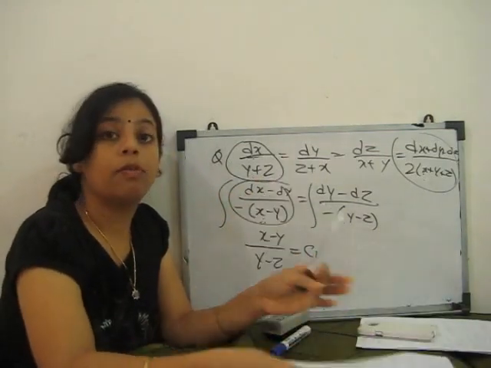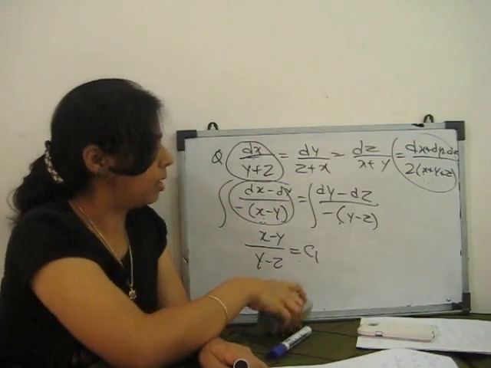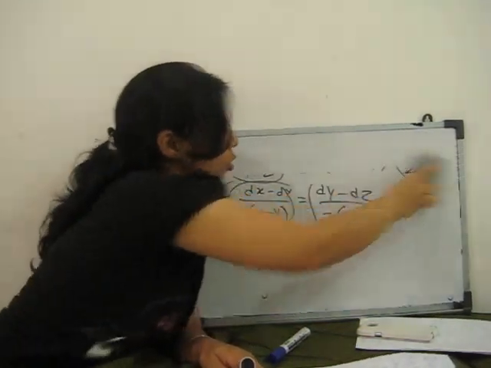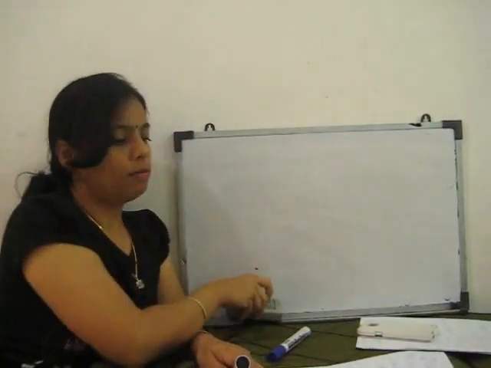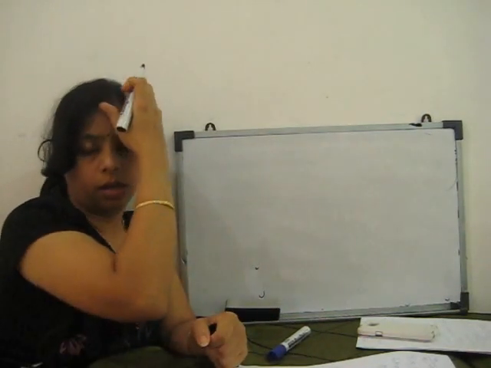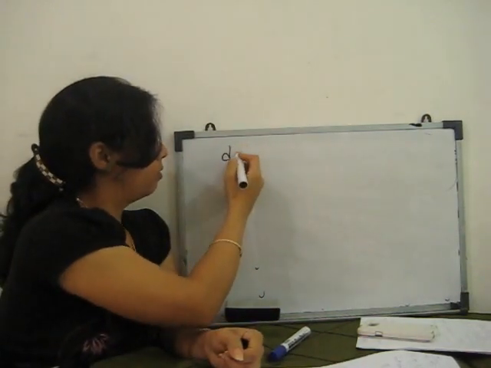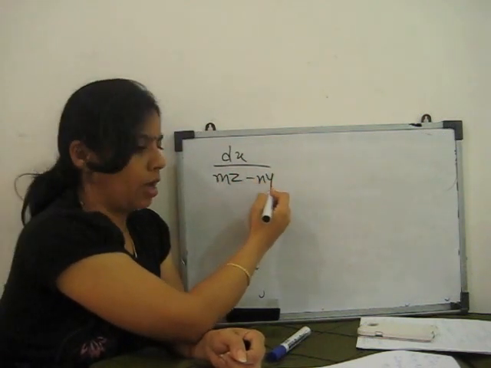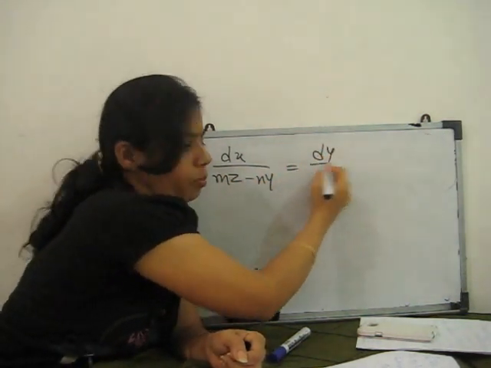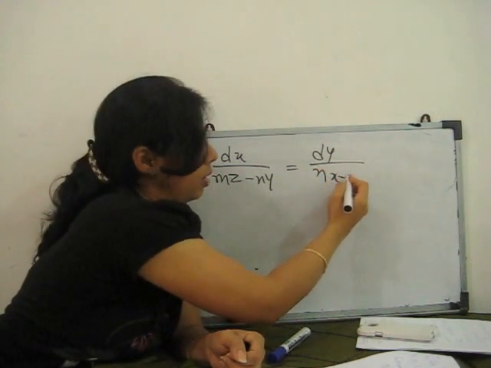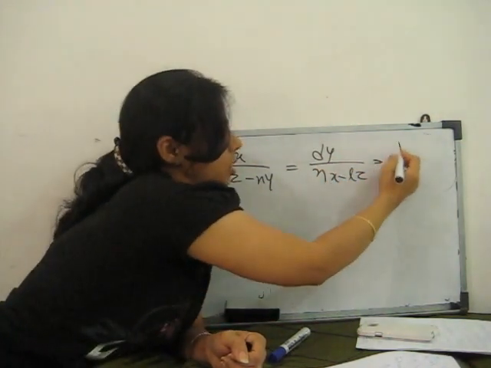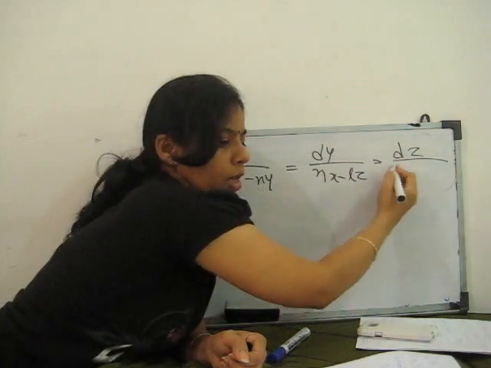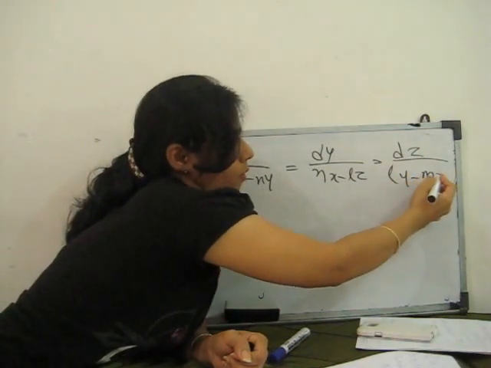Now one example for the method of multipliers. The method of multipliers is also easy for solving these types of equations. If we have dx upon mz minus ny, dy upon nx minus lz, dz upon ly minus mx.